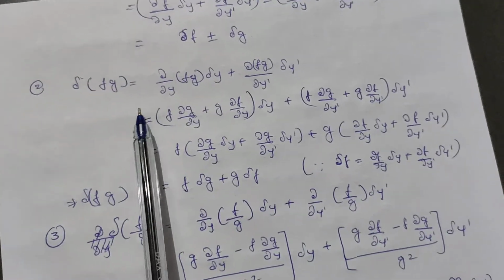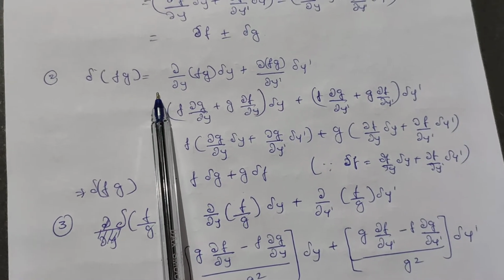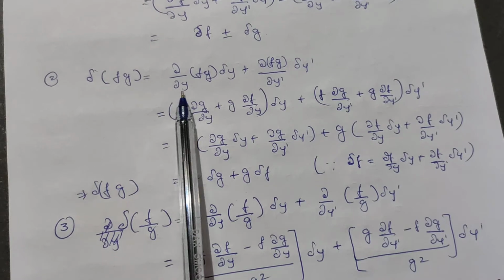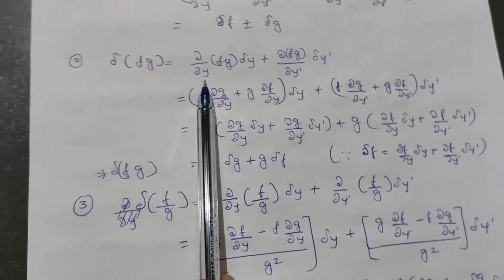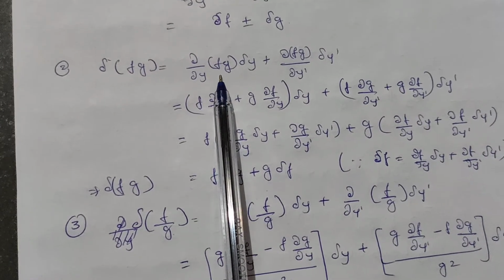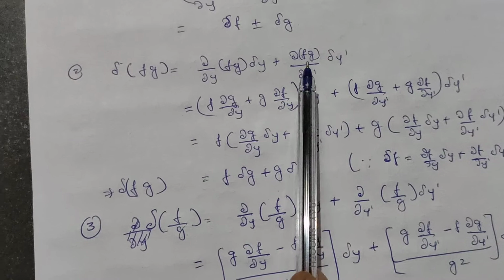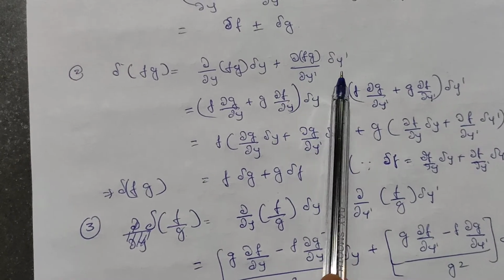And the second one, delta of f into g. Here also we have to apply the definition of a variational function. It is equal to dou by dou y of f into g times delta y plus dou by dou y dash of f into g times delta y dash.